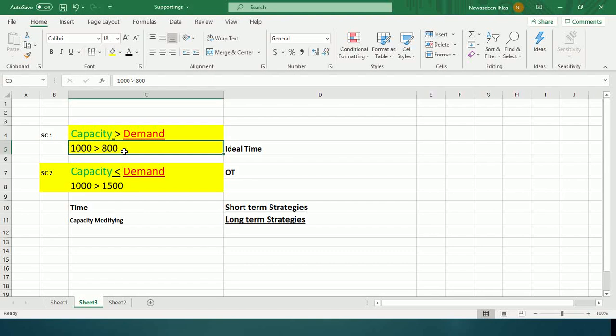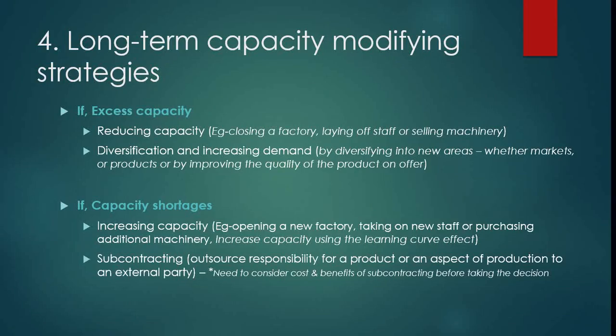So we can take some long term decisions. What are the possible strategies? We can reduce our capacity. Why? We have excess capacity and demand is less, so there is no point in keeping it.